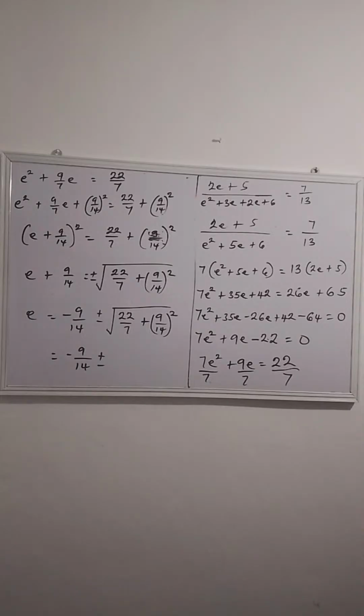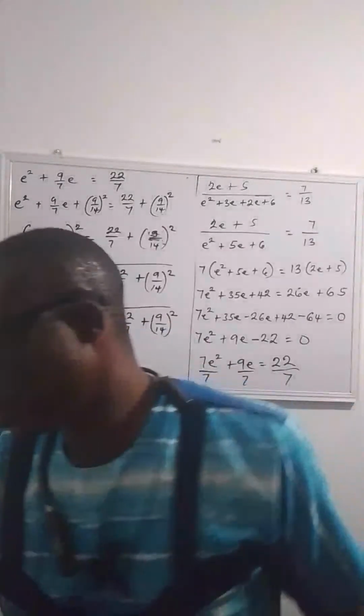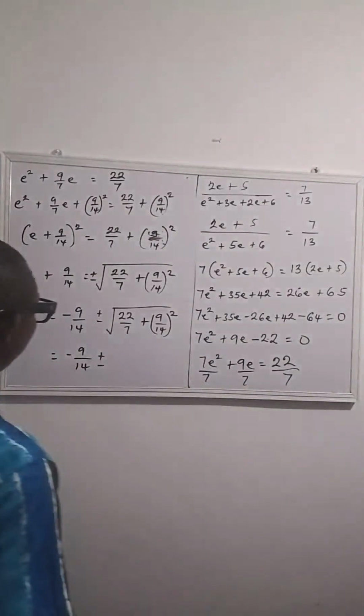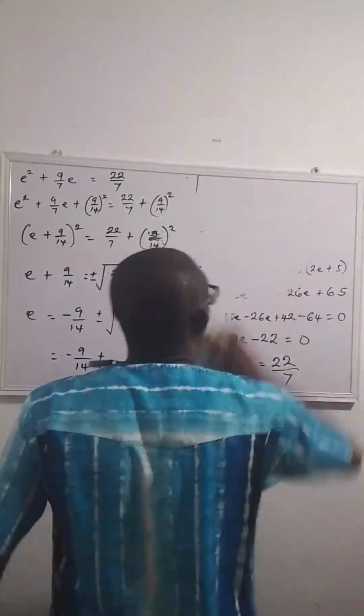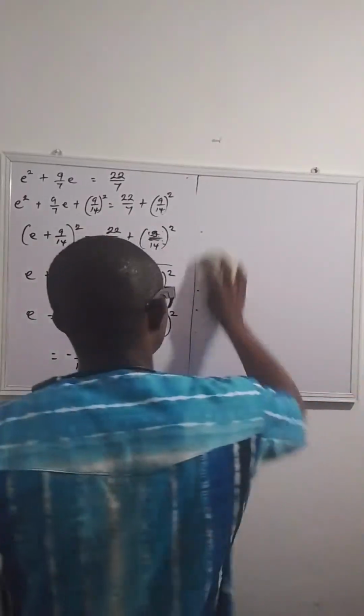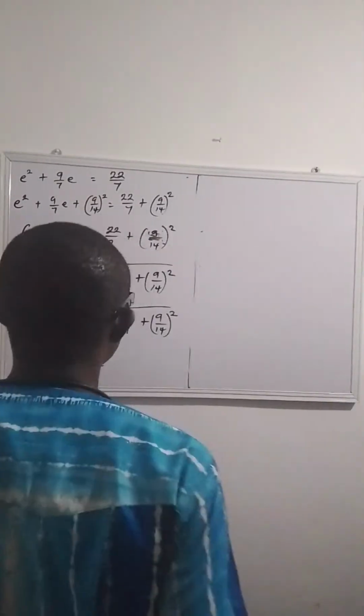Okay, I can see somebody dropping an answer. 0.46425. Okay, so it seems it's only one person that is giving us an answer. Now let's see.